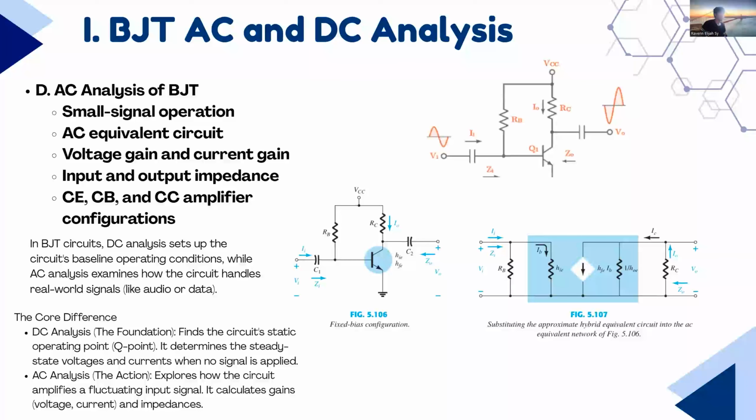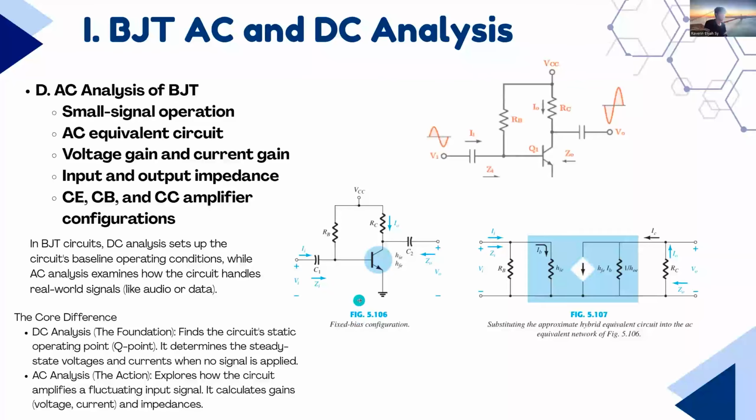Okay. So to analyze the circuit's AC performance, we will replace the transistor with its AC equivalent circuit. So we have, for example, a fixed bias configuration.